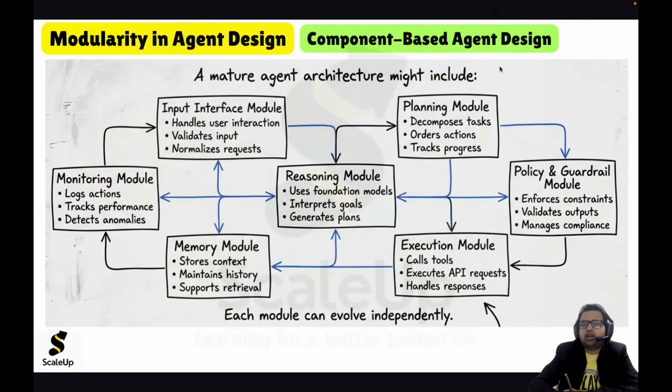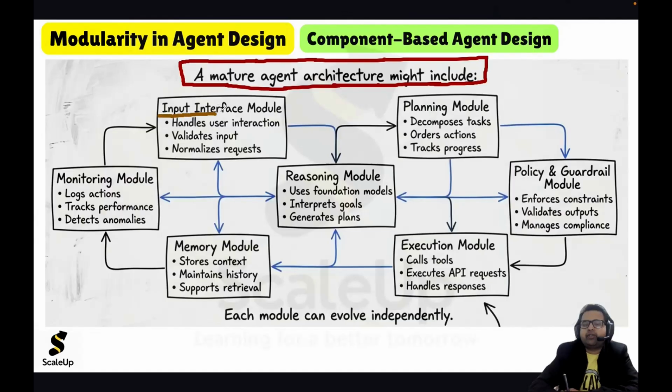So see, a mature agent architecture might include an input interface module, which will handle user interaction. It is responsible for validating the input and normalizing the request. A mature agent architecture will also include a planning module, or before that, we can discuss the reasoning module.